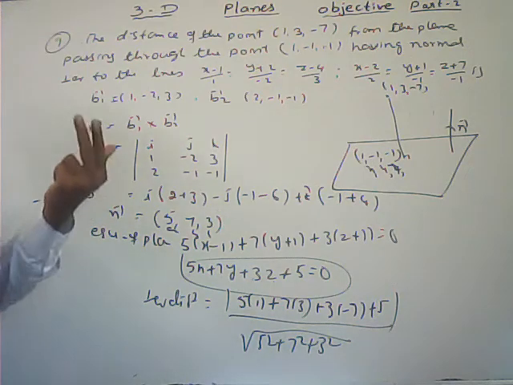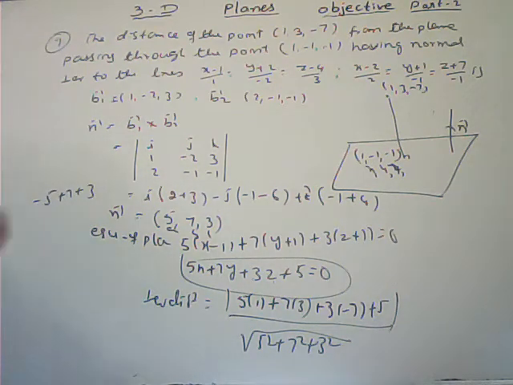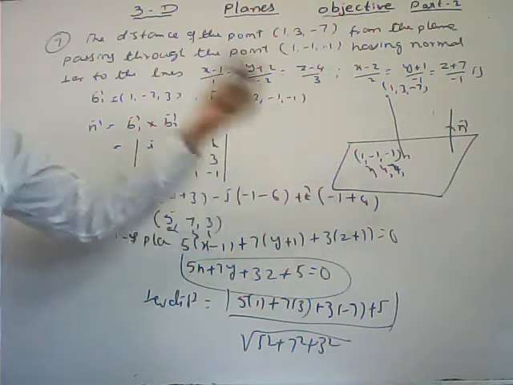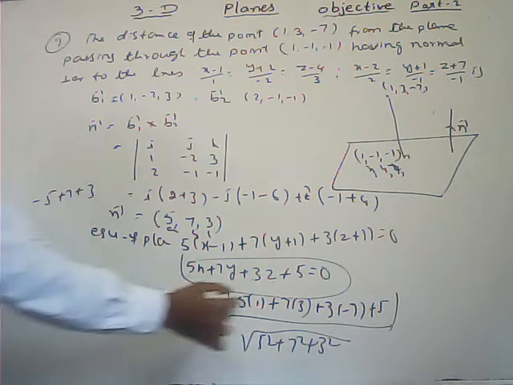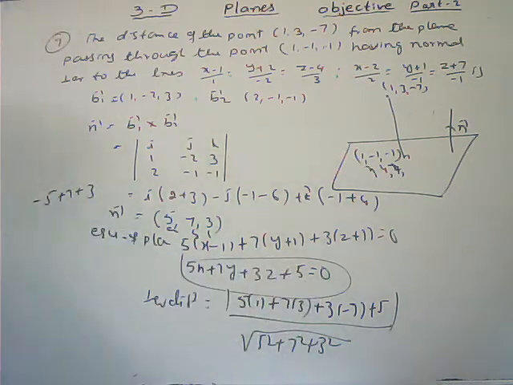Same as in two-dimensional geometry, in straight lines, the perpendicular distance from x1, y1 to the line is modulus of ax1 plus by1 plus c by root a square plus b square. We are adding one more term, plus cz1 plus d by root a square plus b square plus c square. That one you can simplify, and we can get the answer.